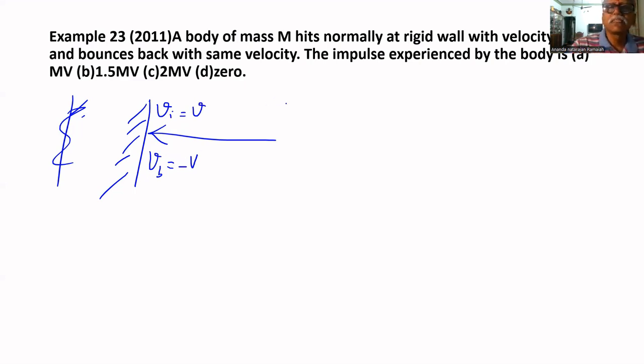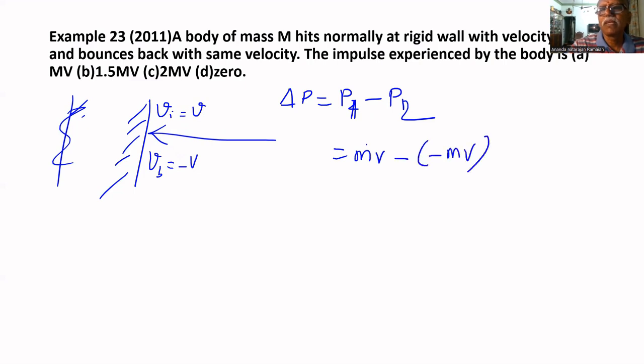The impulse experienced equal to delta P. That is equal to P2 minus P1, the change in momentum. That is equal to mv minus of minus mv. Why?